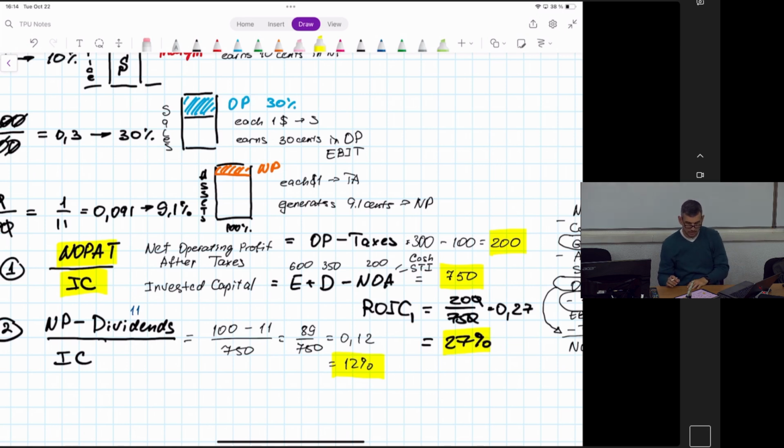In the second approach, it's more like, okay, they paid all the obligations and the dividends, so what is left? Well, 89. The invested capital is 750. So this is more like a reserved and pessimistic way of looking at return on invested capital. It's 12%. It's not so much the number, but the dynamics.